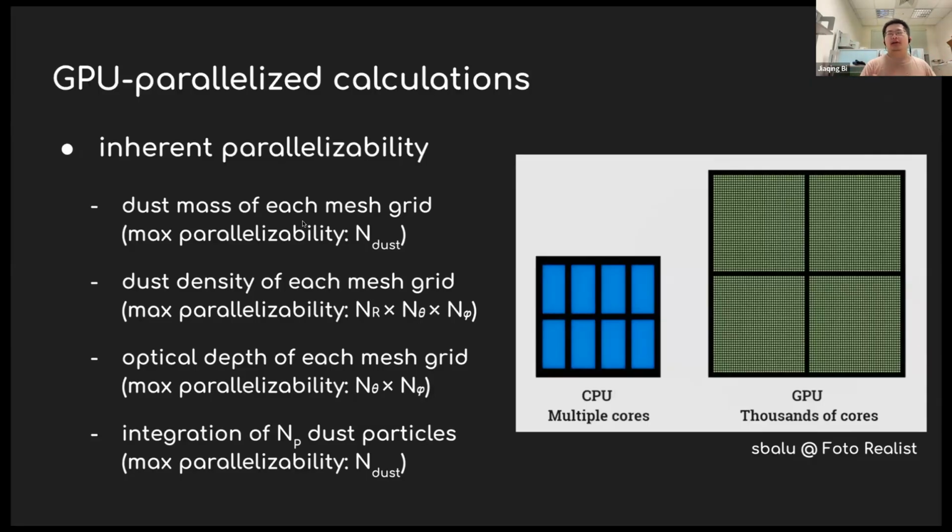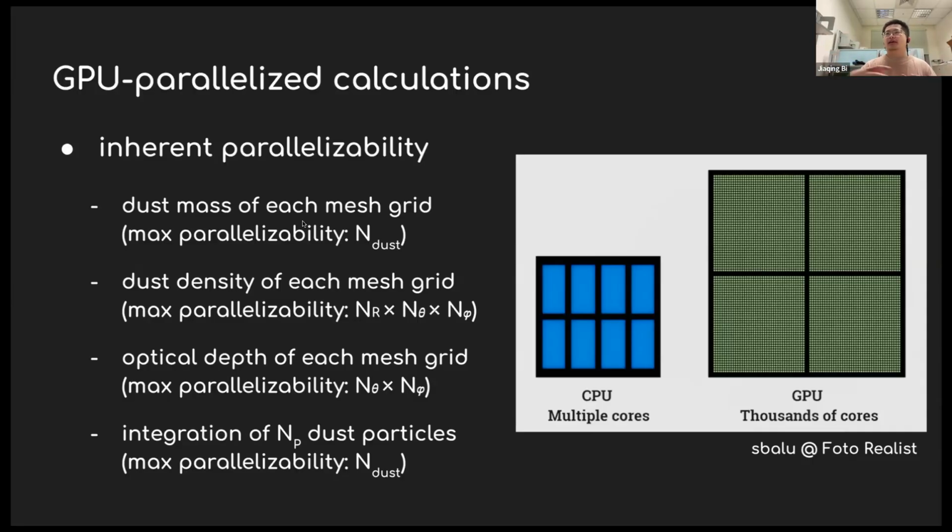And when we calculate the density profile in the disk, it can be parallelized by each grid cell, and they are all independent. The only non-trivial point is calculating the radial optical depth, which involves a radial integration.